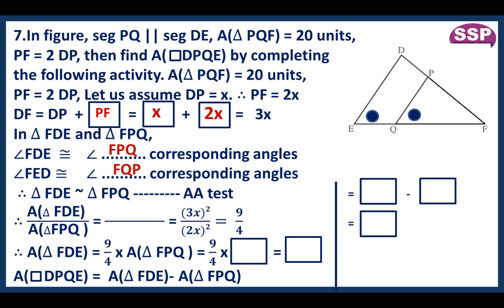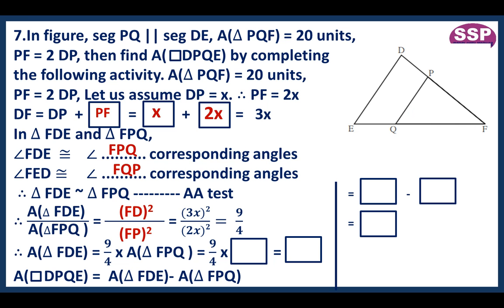Therefore, area of triangle FDE upon area of triangle FPQ is equal to square of the corresponding sides of these triangles. Therefore, we get FD square upon FP square. On putting the values, we get 3x square upon 2x square is equal to 9 upon 4.